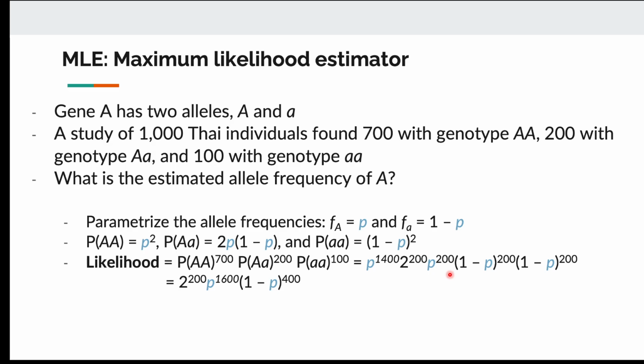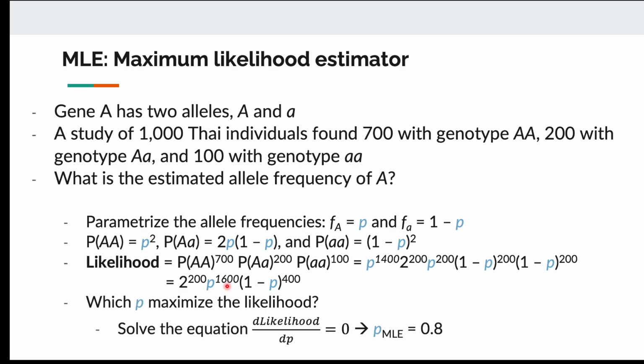But at the end, it's just 2 and p and 1 minus p, to a lot of powers. If we want to identify the p that maximizes this, going back to your calculus, we can just differentiate it, set it to 0, and you will be surprised to see that you get 0.8 again. So when you estimate it by counting out the alleles, you are actually getting the maximum likelihood estimate, but without knowing it.